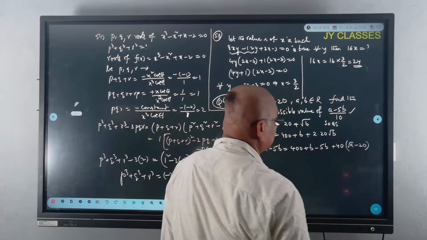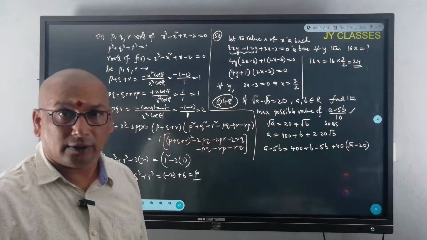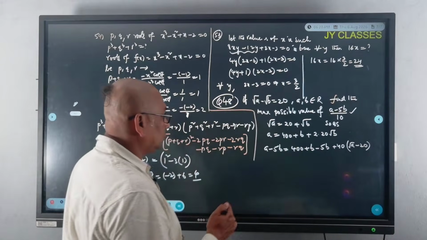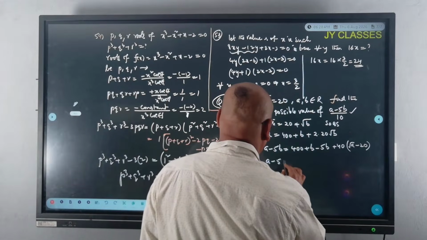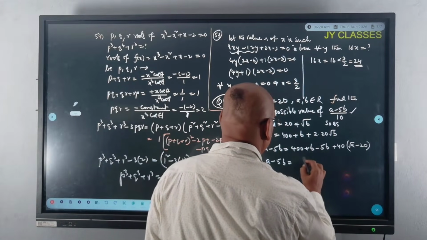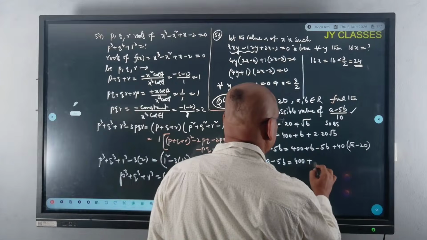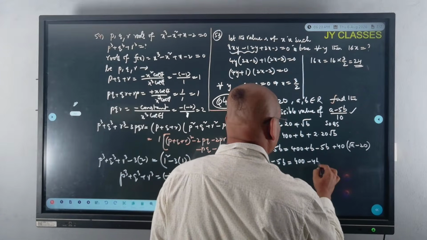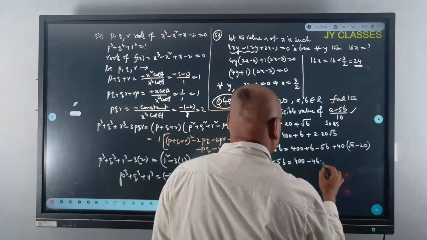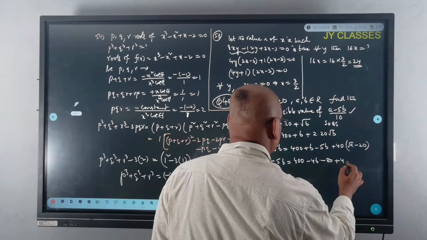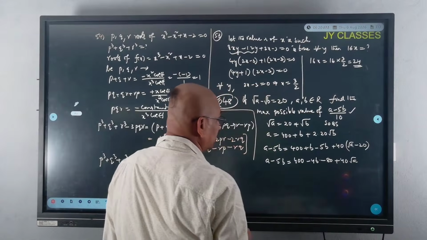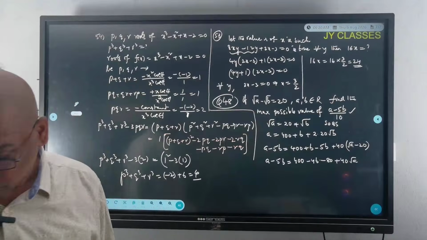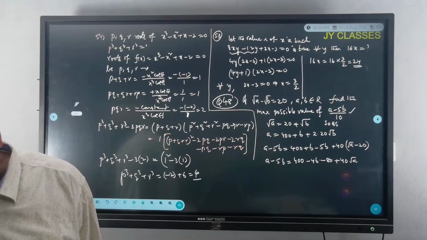Root a minus 20. So a minus 5b is equal to 400 minus 4b minus 80 plus 40 root a. Okay?